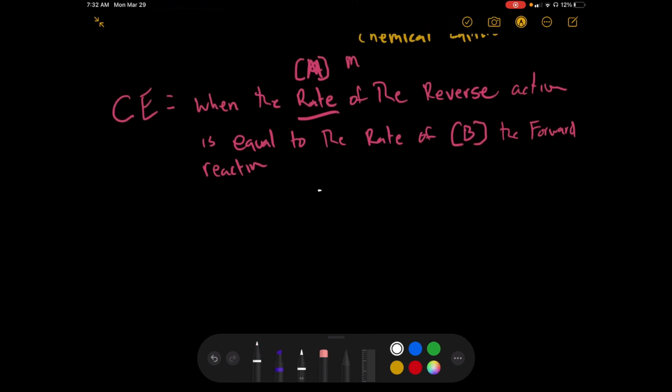reaction, okay? And so basically what you have here, and this is the sign for it, you have a reaction that is going, and we'll use the Haber process again. You got N2 plus 3H2 yields for us 2NH3.